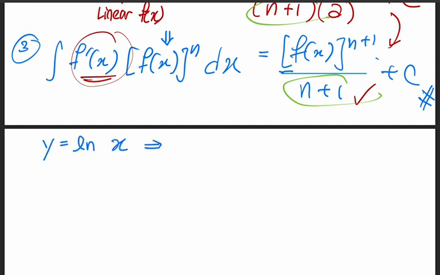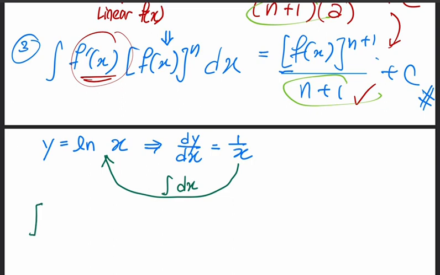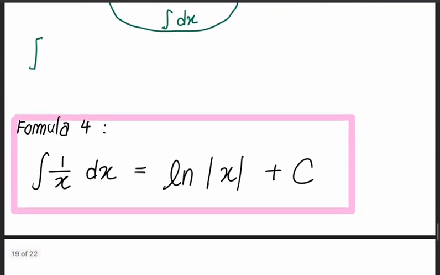When we differentiate it, if you want to know the derivation, you can always look back at my videos to see how to derive these differentiations. You will get 1 over x, right? So it's the same thing as I said: integration is completely the reverse of differentiation. So when you integrate this part, you will get back ln x. That means we derive the formula: when we integrate 1 over x dx, we will get ln x plus c.